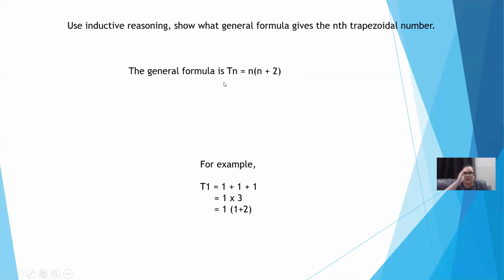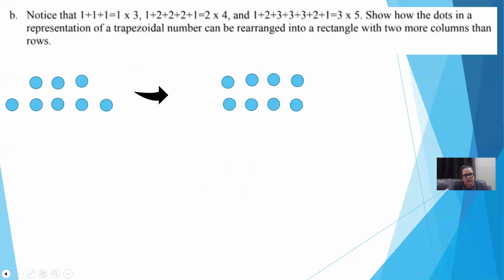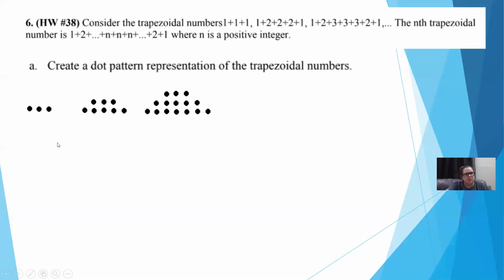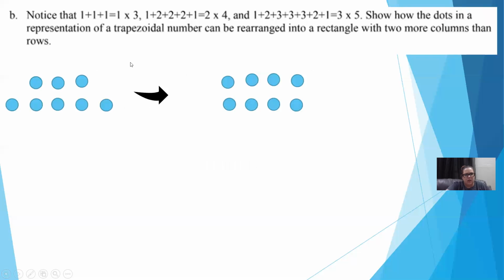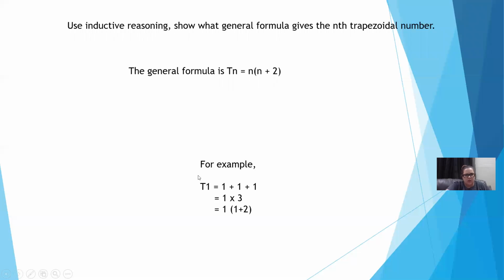So then it said use inductive reasoning. Show what general formula gives the nth trapezoidal number. The general formula is Tn equals n times n plus 2. For example, the equation of 1 plus 1 plus 1 equals 1 times 3 is, we're going to put 1 in place of the nth place.